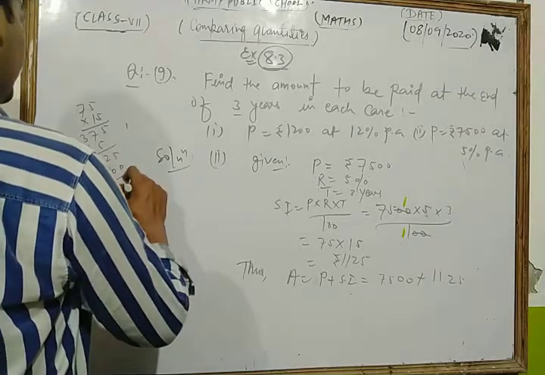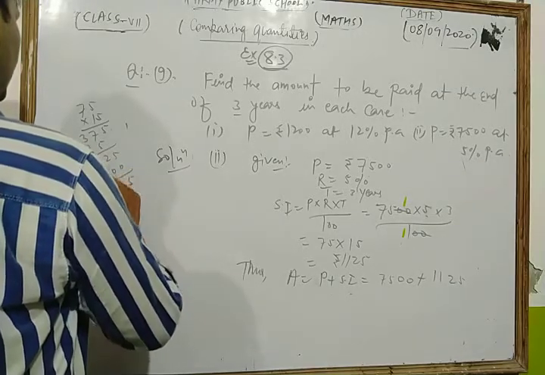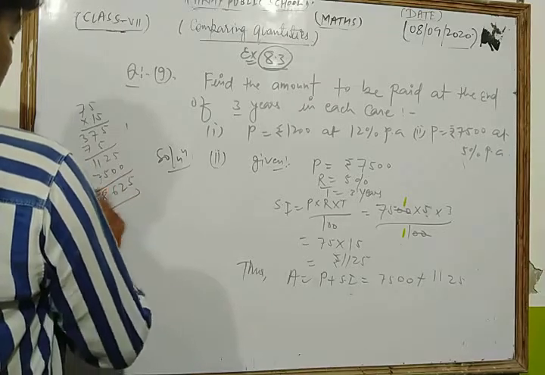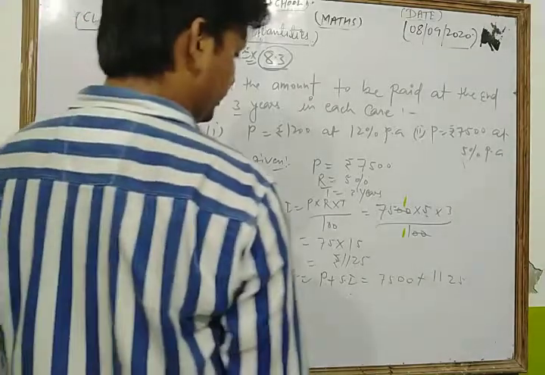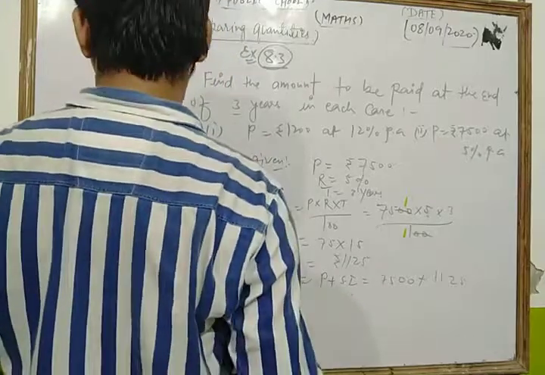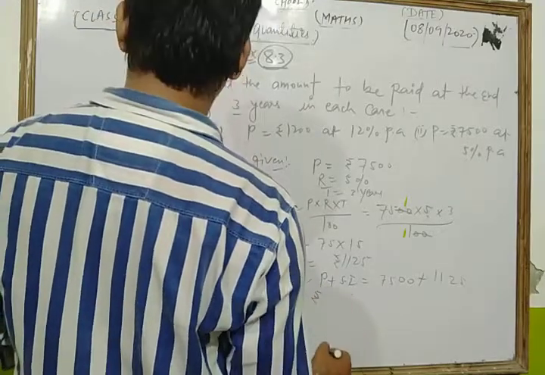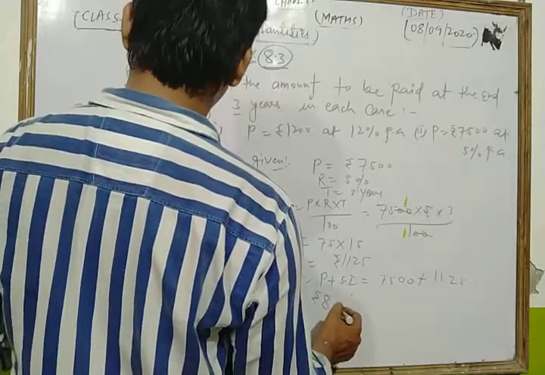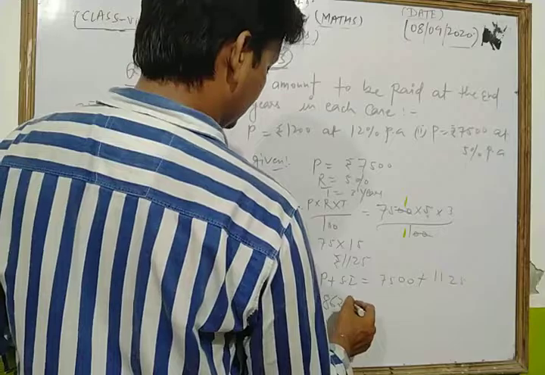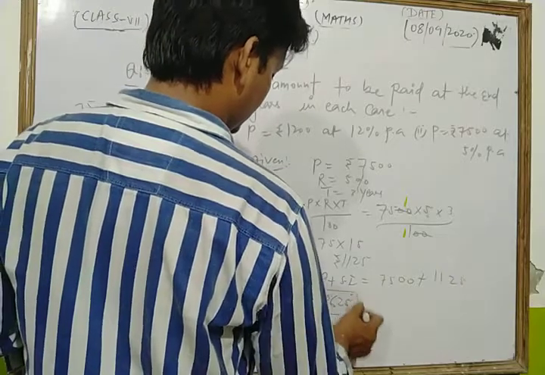So we get rupees 8,625. So the amount to be paid at the end of 3 years is rupees 8,625. This is our required answer.